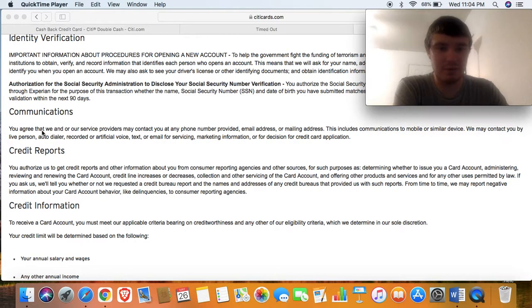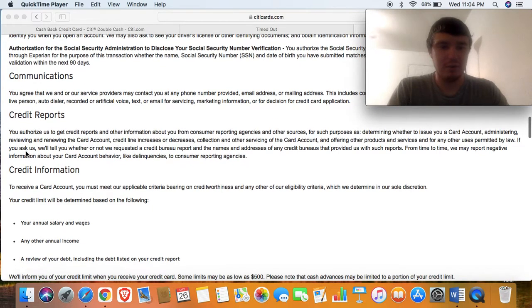Communications basically says you agree to give them your phone number and they text, call, or email you. And then credit reports: by applying for the card, you're saying you want them to have access to your credit file with the credit bureaus.